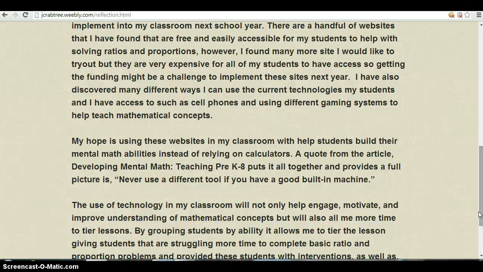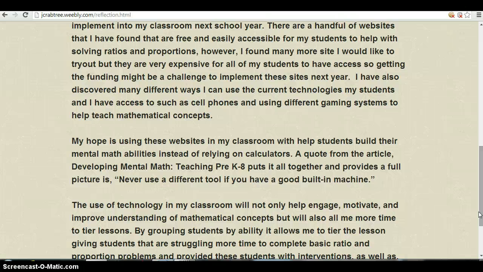Now, I know that each and every single one of my students last year had a smartphone with them and it was on them at all times. And I was kind of hesitant to allow students to use smartphones in class. But now, after looking through some of these different websites and different materials, I feel a lot more comfortable as long as I've set forth different rules and regulations for those technologies that are being used.